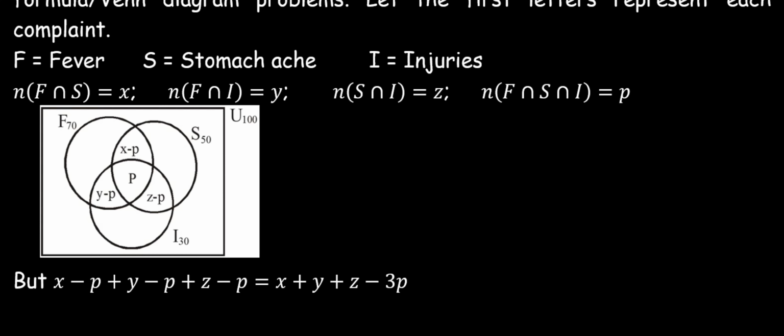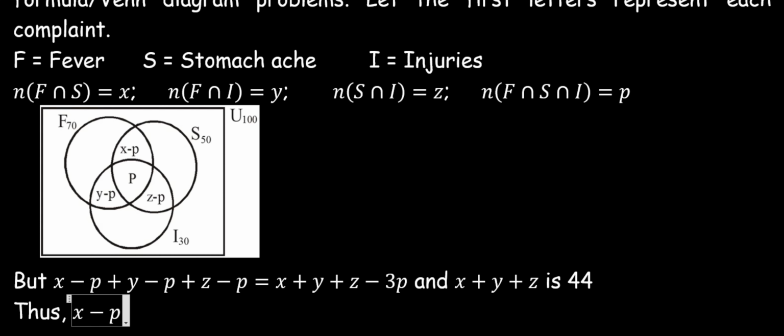We are told from the question that X plus Y plus Z is 44, which is to say those that offer two subjects only is 44. So we can simplify that thus: X minus P plus Y minus P plus Z minus P is equal to 44 minus 3P, knowing that X plus Y plus Z is 44.